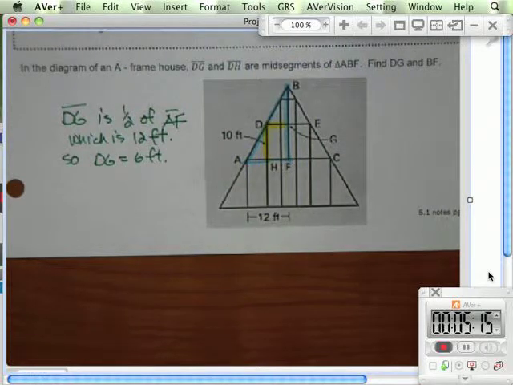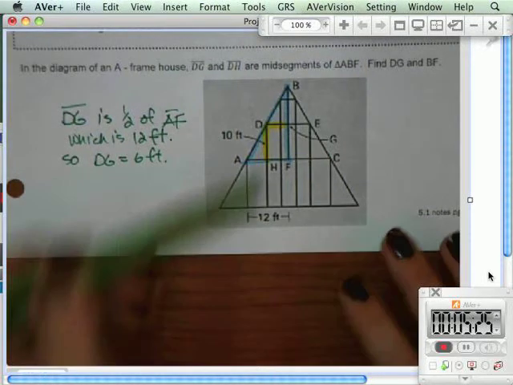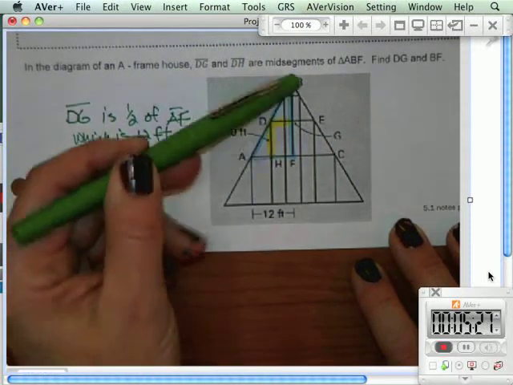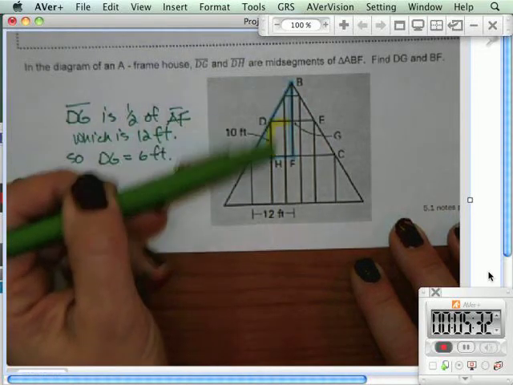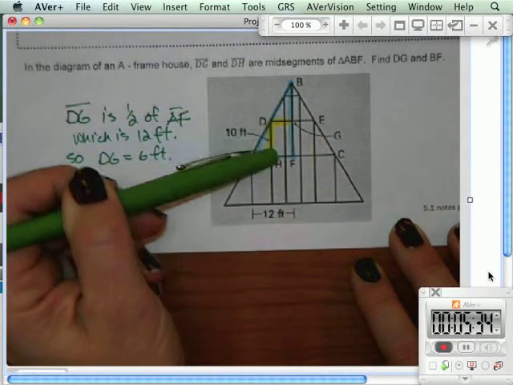All right, now we got to find BF. What is that, Eve? How do you know that? Because DH is 10 feet and it's half of BF. Correct. Okay, this is the mid-segment of this triangle, so it's parallel to this, and it's also half of the third side.